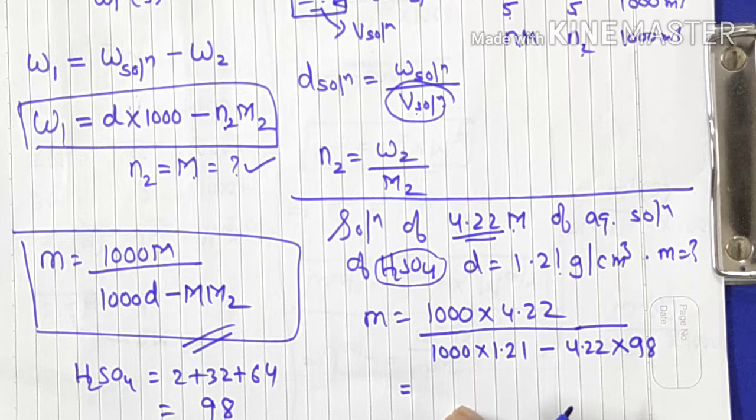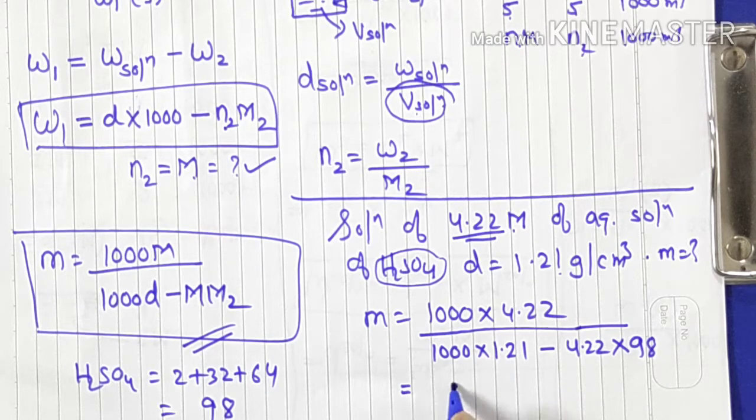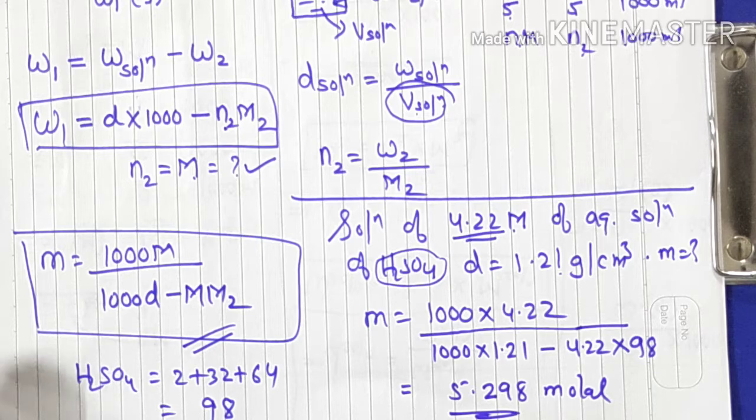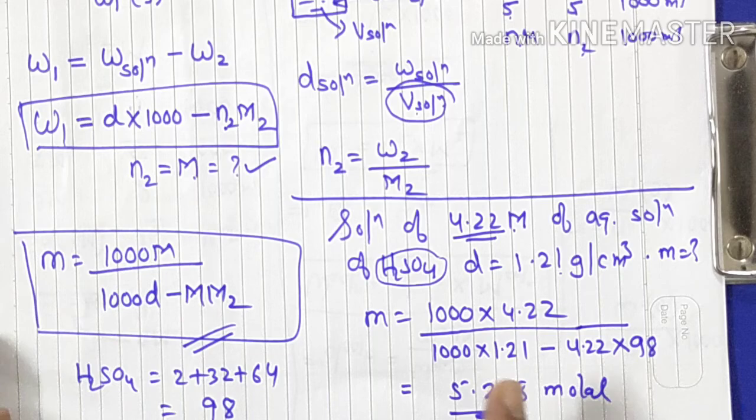Once we solve that, the answer we get is 5.298 molar. Clear? So this is the relationship between molality and molarity.